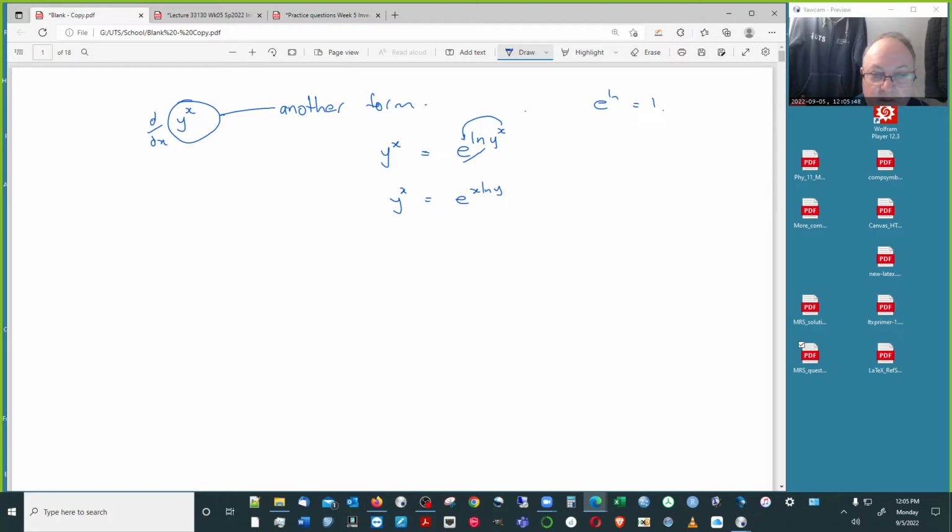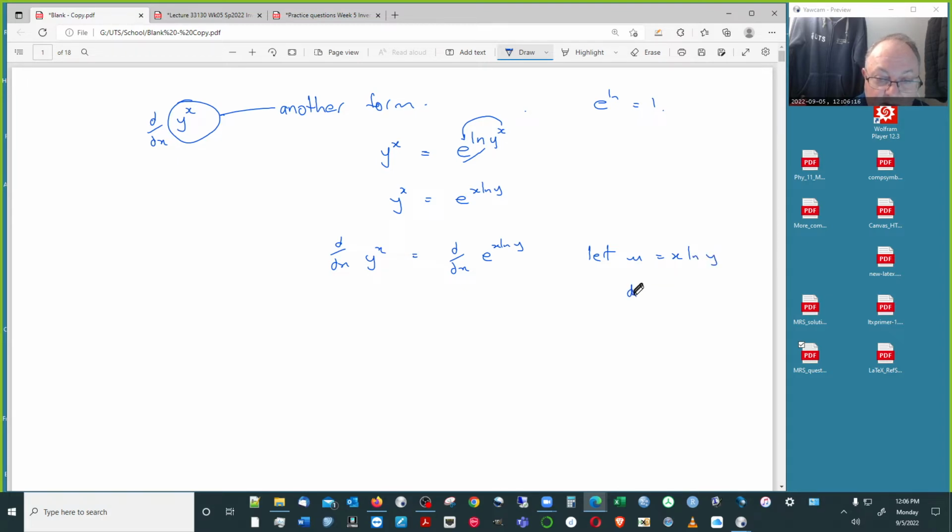So let's do d/dx of this. Let's do d/dx. So how would we do that? We would say let u equals x ln y. This is quite important, so don't lose sight of that.